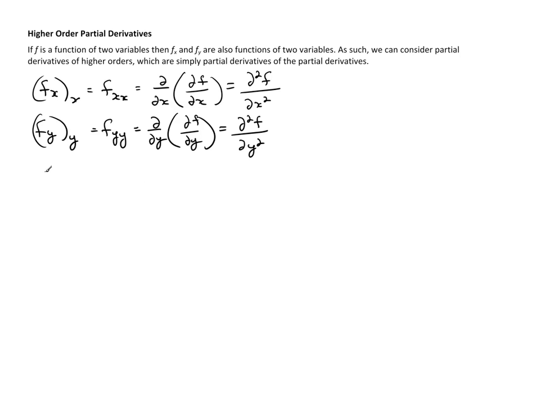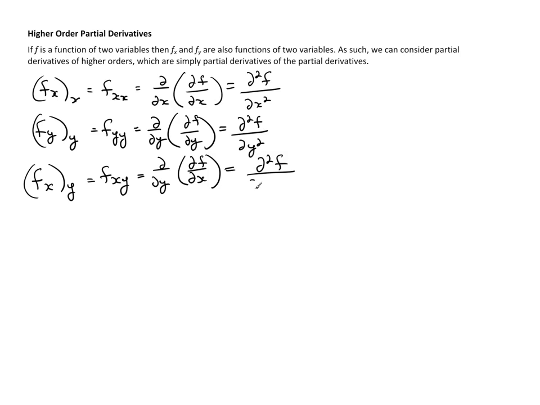But where things get kind of fun is, what if I take the partial with respect to x and take the partial of that with respect to y? Well, that would then be fxy, which is the partial with respect to y of the partial of f with respect to x. I need the partial squared of f, partial of y, partial of x.